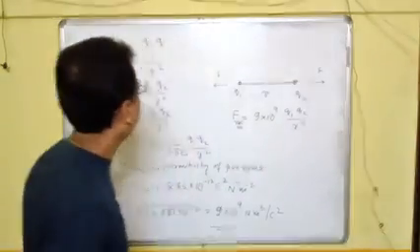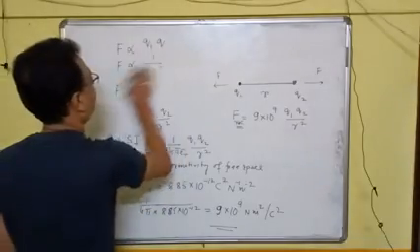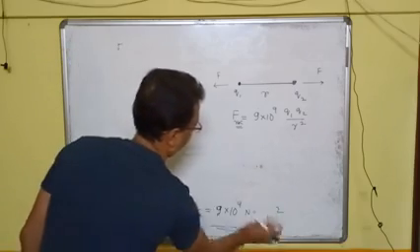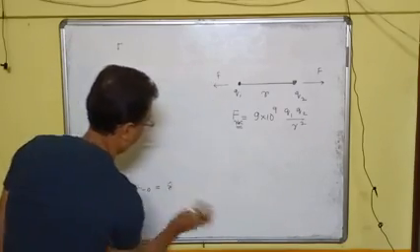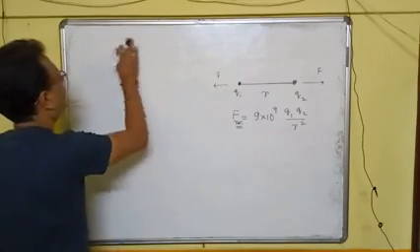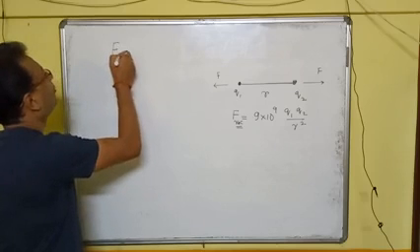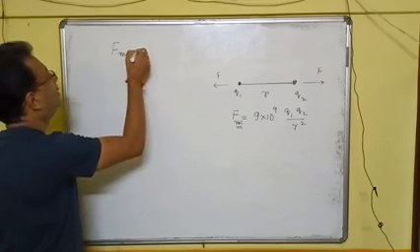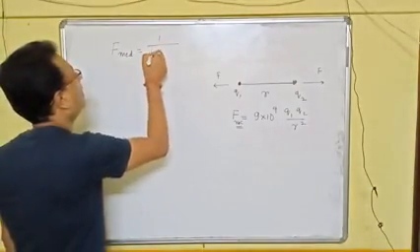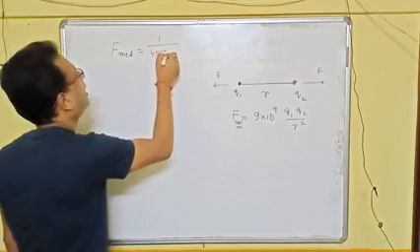Now, if you want to write the expression for Coulomb's law for any other medium, we can write F medium equals 1 by 4 pi epsilon Q1 Q2 divided by r square.